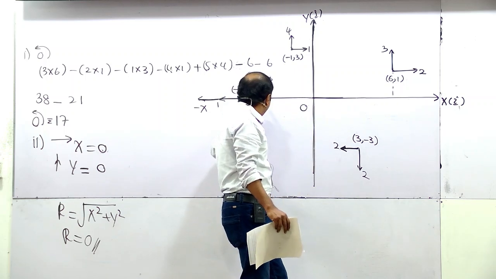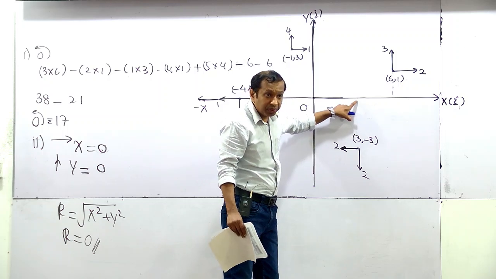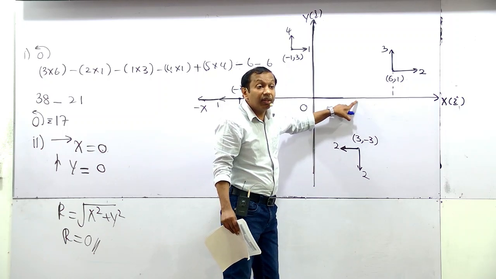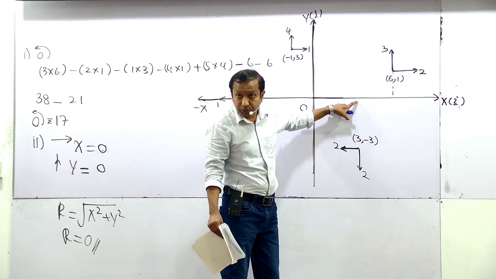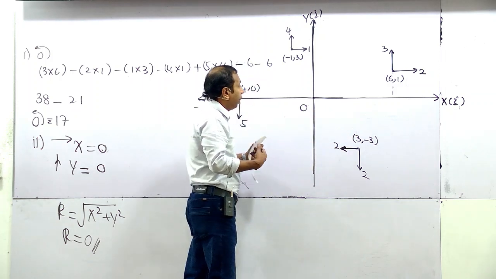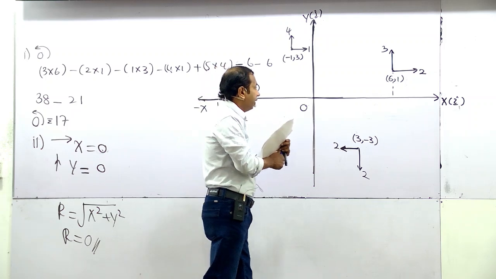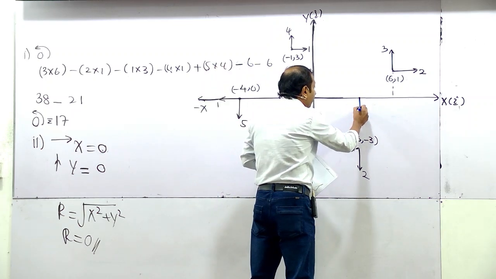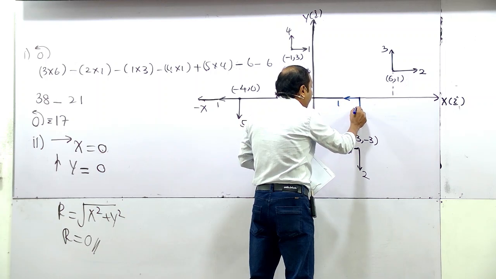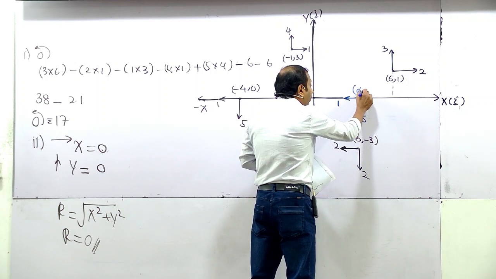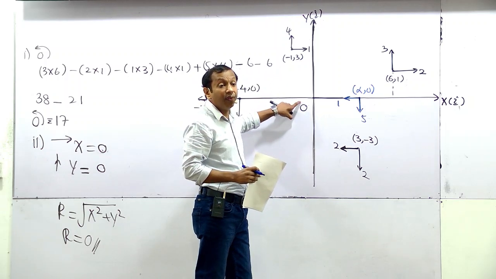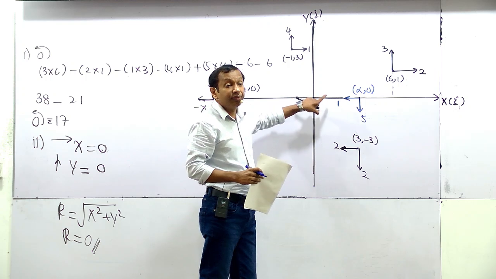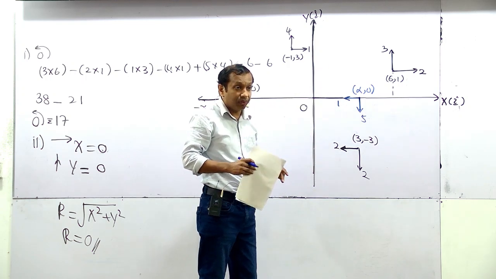After taking this force to another point on the x-axis, the moment should be 0 for the system to be in equilibrium. Understood? Right? Then I'll mark that force here, somewhere here. Here 1, here 5. I take these coordinates as alpha, 0. Then around O, the moment of the whole system should be 0.